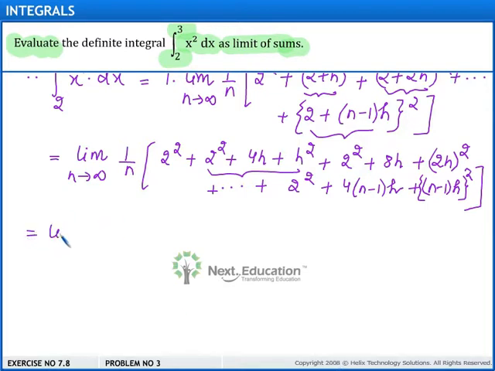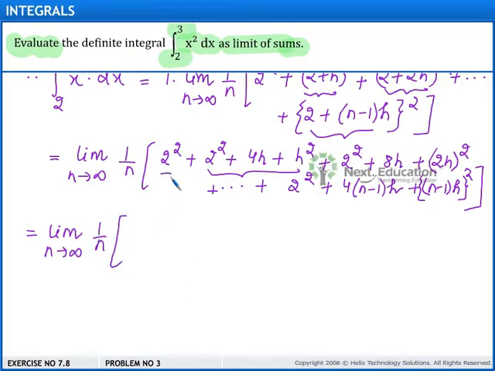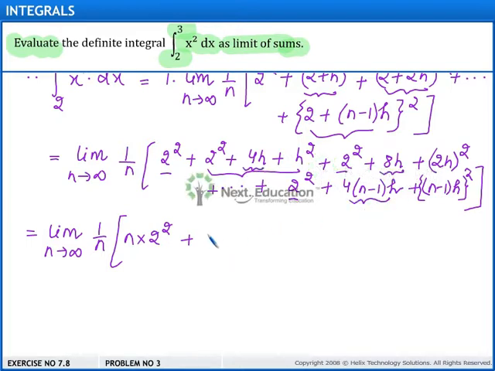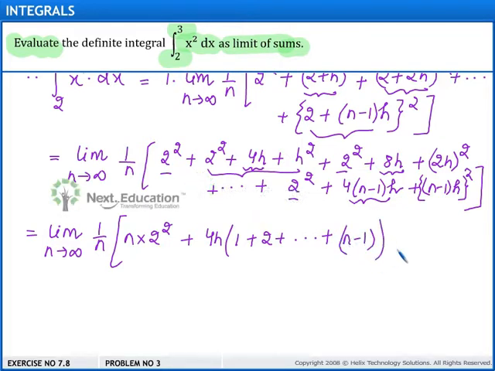So this is equal to limit as n approaches infinity of 1 upon n. Now here as we can see that 2 square will appear n times, so we have n into 2 square plus, taking 4h common from these terms we get 4h into [1 plus 2 plus so on up to, from the last term we get n minus 1] plus then we have h square, (2h) whole square, and last term is ((n minus 1)h) whole square.